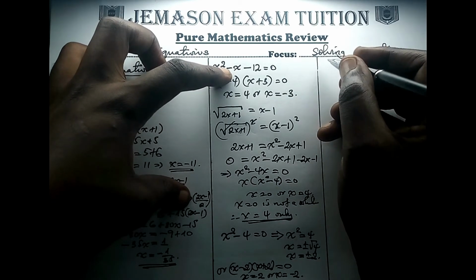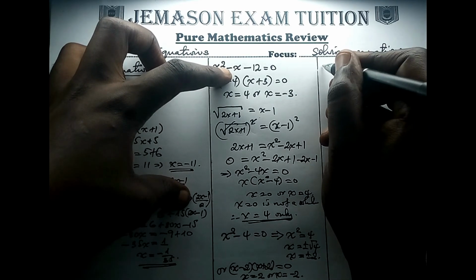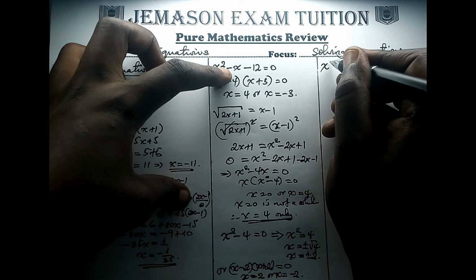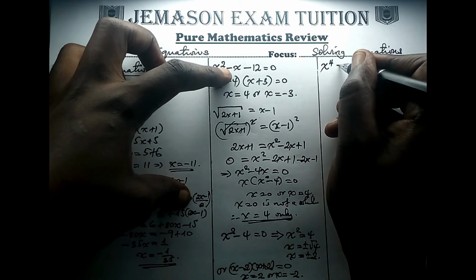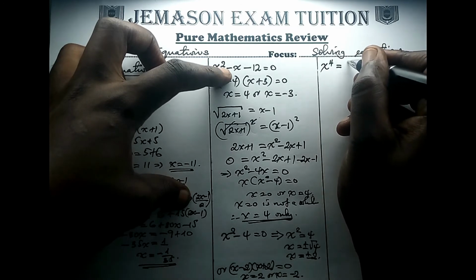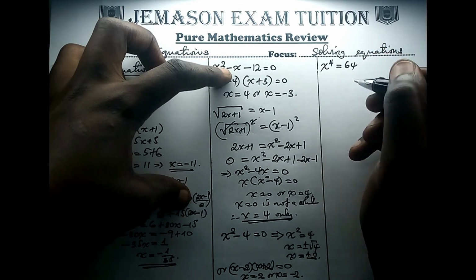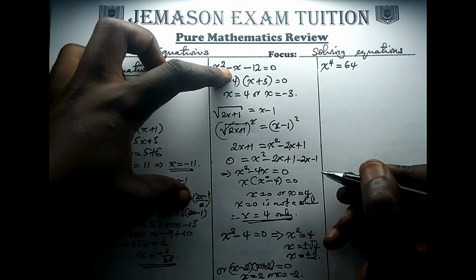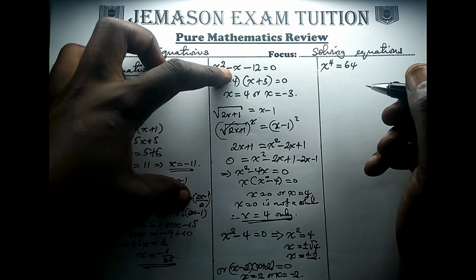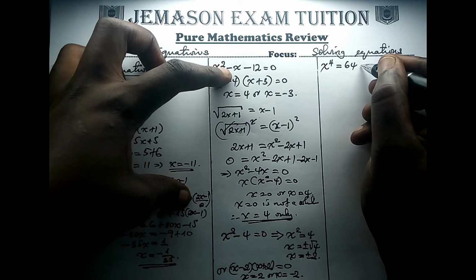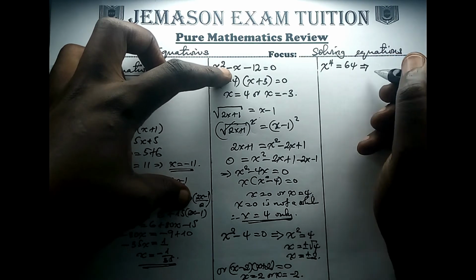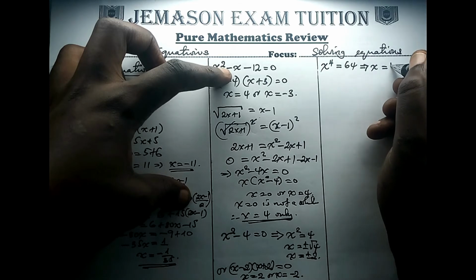It would also happen with the case where there is an even power of x, like x to the 4 equals 64. Once I have that, it would be that x should be plus or minus.